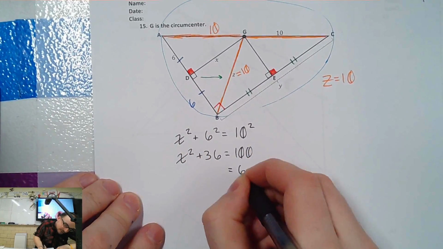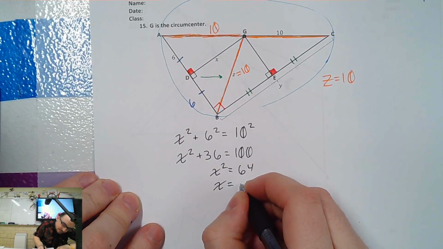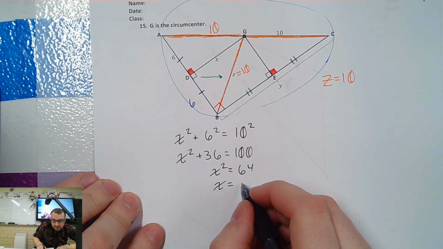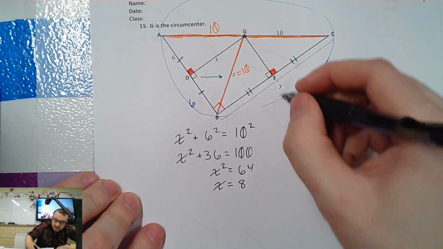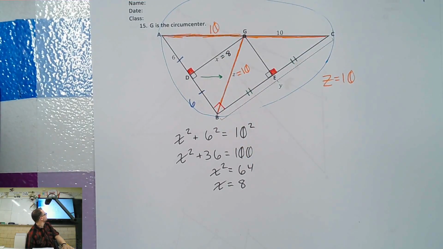And if we subtract, we get 64. So x must be what? What's the root of 64? 8. So x is 8. Cool.